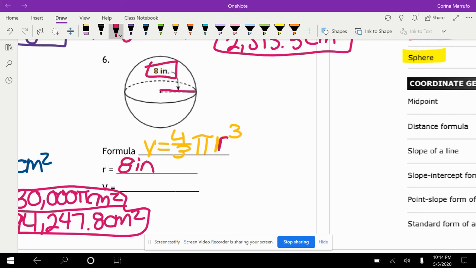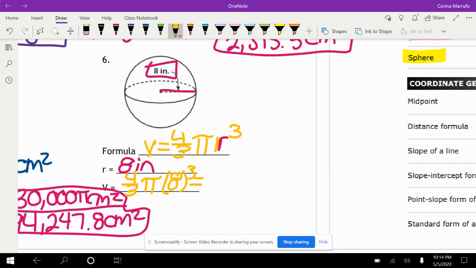So when I do my volume, we're going to do 4/3 times pi times our radius, 8 to the 3rd power. I'm going to do the same thing also. I am going to give this as a decimal and in terms of pi, I'm sorry.